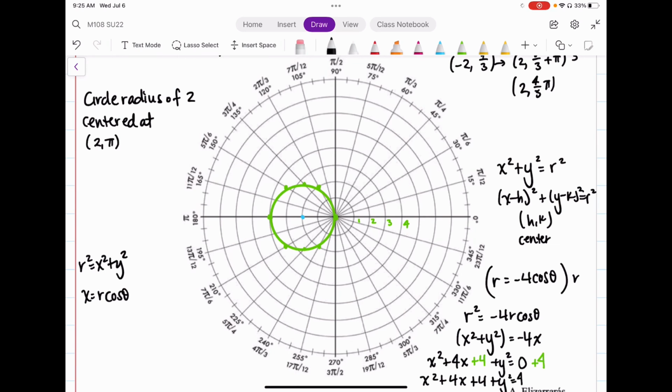In this case, now I can factor that x squared plus 4x plus 4 because it's a perfect square trinomial. And that factors to (x plus 2) squared. Because remember, (a plus b) squared is equal to a squared plus 2ab plus b squared. And in this case, the a was x and the b was 2.